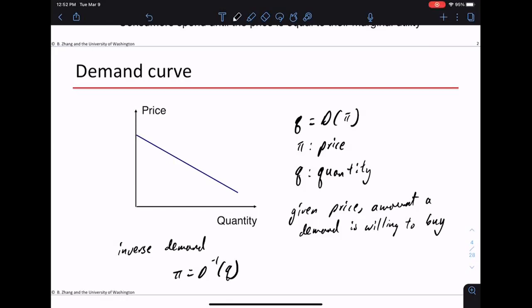What we assume is that the demand curve is monotonically decreasing. The more stuff you have, the less you're willing to pay for it. This is our assumption. Any questions about the demand curve? Okay, so this is our demand.